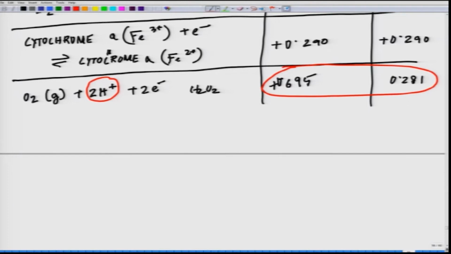Similarly, you can do it for cytochrome C Fe3 plus plus electron to make it cytochrome C Fe2 plus, you will see a plus 0.254 volt E0 prime. Similarly, let us take another example where say pyruvate to lactate.